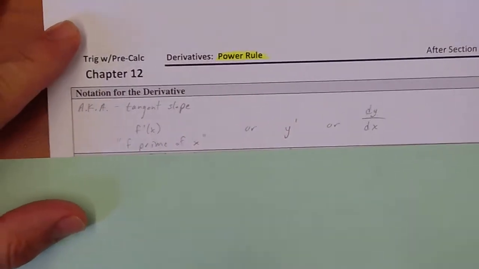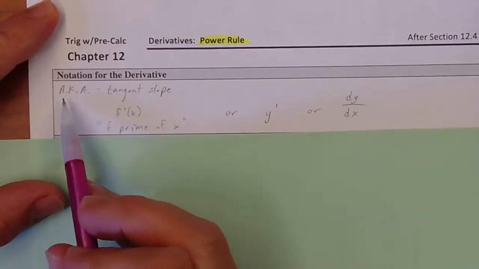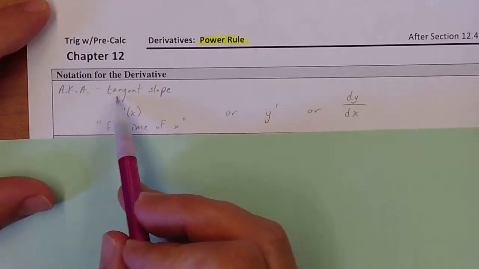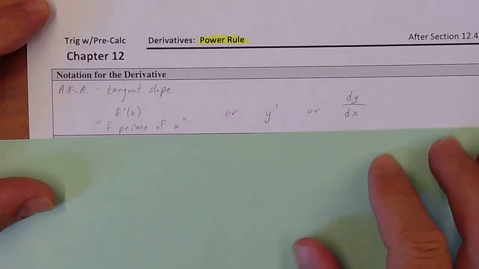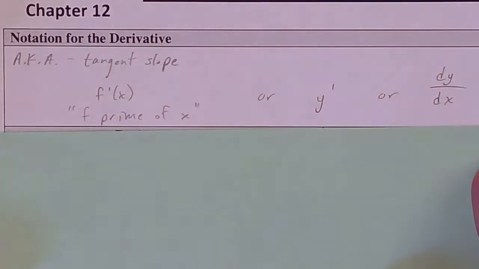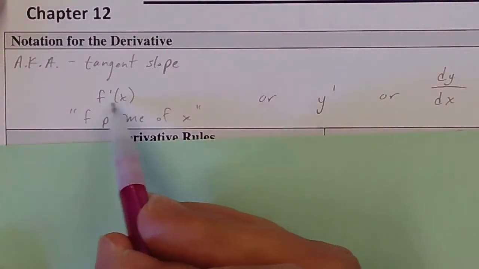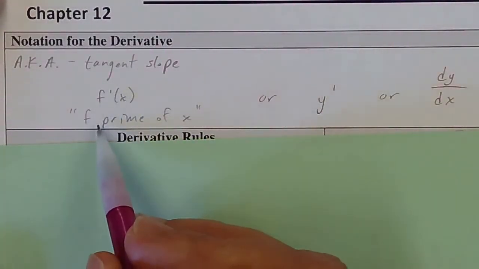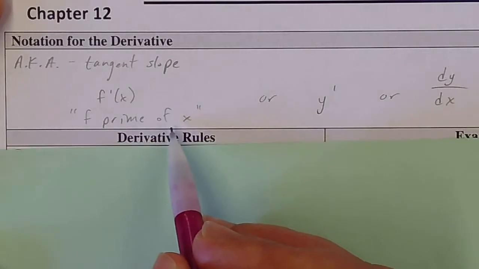Okay, so notation for the derivative, also known as the tangent slope. Here are the ways we denote this. For the derivative, we have f prime of x.